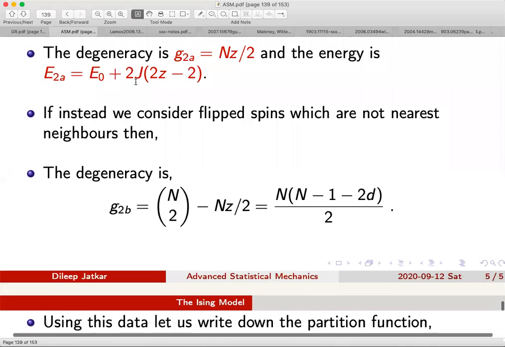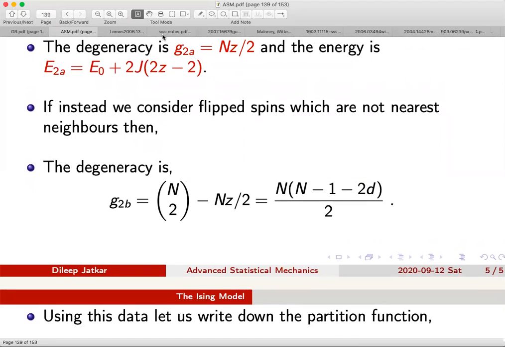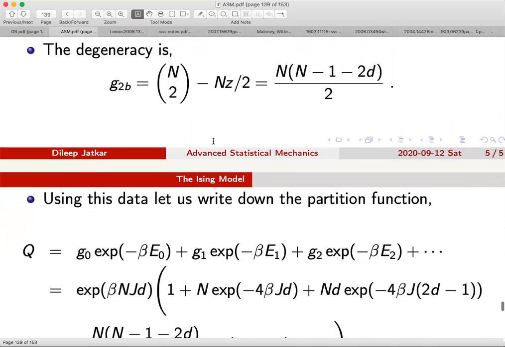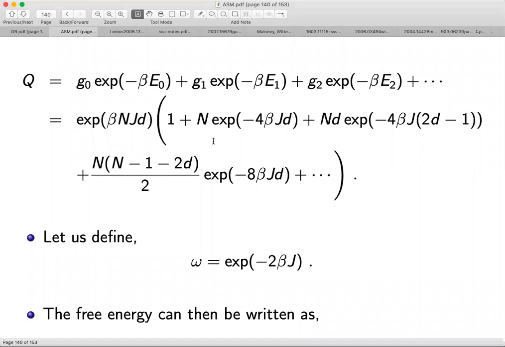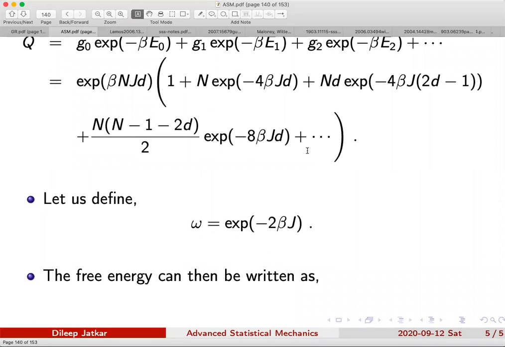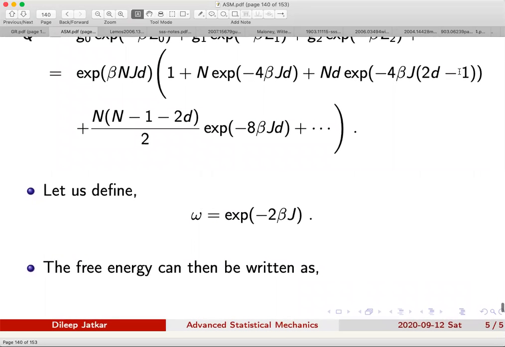I can't think on my feet right away, but I don't see anything wrong in that argument. It should be 2z minus 1, I think. Let me check. So modulo this kind of factor, it's okay. We'll worry about that later.